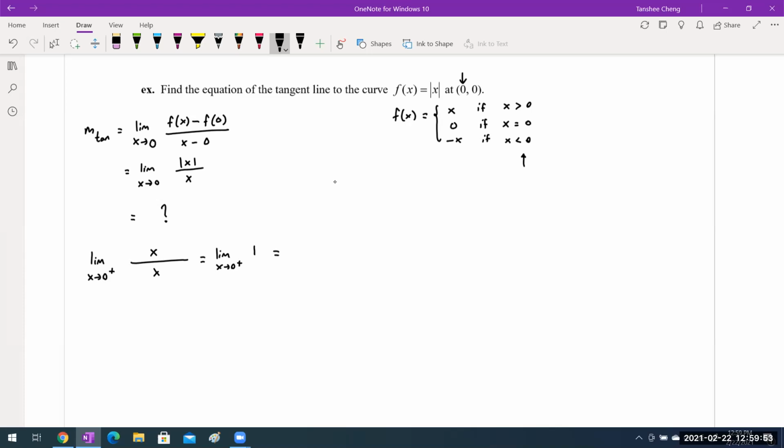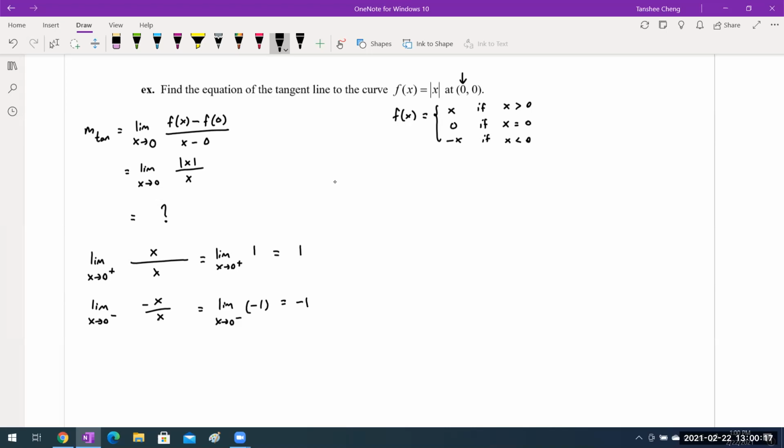Limit of a constant is constant. If I find the limit as x approaches 0 from the left-hand side, then the absolute value from the left-hand side, in this restricted domain, will be negative x over x, which is the limit as x approaches 0 from the left-hand side of negative 1. That will be negative 1.